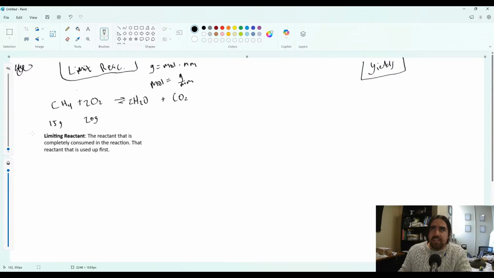That makes sense intuitively, but it doesn't make sense when we look at how chemical reactions work in reality. If we were to zoom in on this chemical reaction, every single time we would do this reaction, we would use one molecule of methane and two molecules of oxygen. So that means we're using up oxygen at a faster rate than we're using up methane.